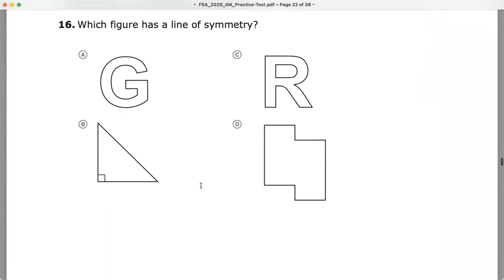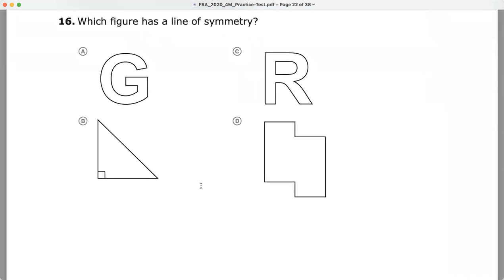So here we go. Which figure has a line of symmetry? A line of symmetry is if you put a line through something and fold it in half, it would be the same on either side.